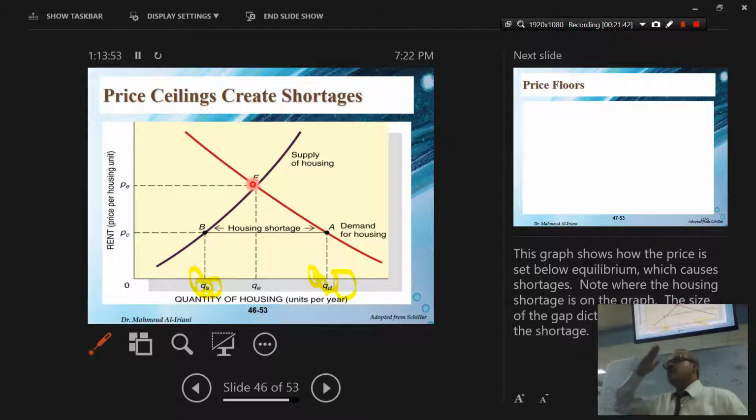They want QD because that's what will make them happy, because it's a cheap price. So there are a lot of people who want these apartments for $300. That's a cheap price in New York. In New York, equilibrium is $1,000. But with this new law, people are jumping. But they couldn't get apartments. So they have to sleep in New Jersey.